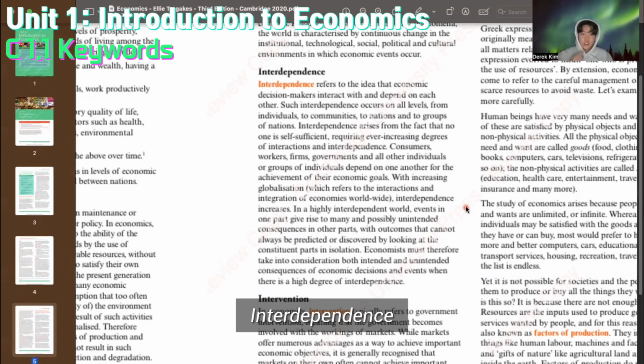You need people to actually consume and use your product, which gives you monetary compensation. So interdependence is the idea where all individuals and all decision makers in an economy need to collaborate and come together to fulfill each other's economic goals. It's a very interdependent environment, and hence the key concept would be interdependence.